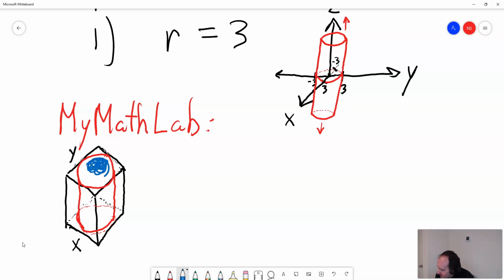They shade in the top as one color, and then they shade in the sides to show that it's solid. So for me, I'm just going to go ahead and do a sketch of that.